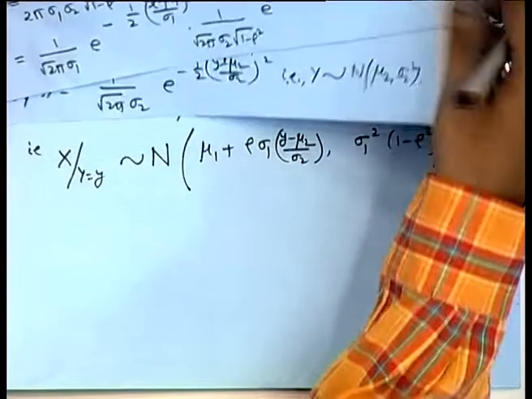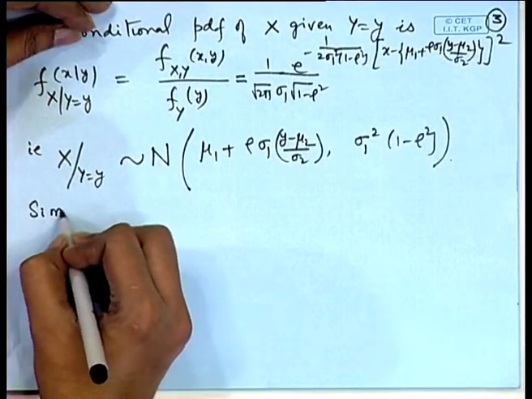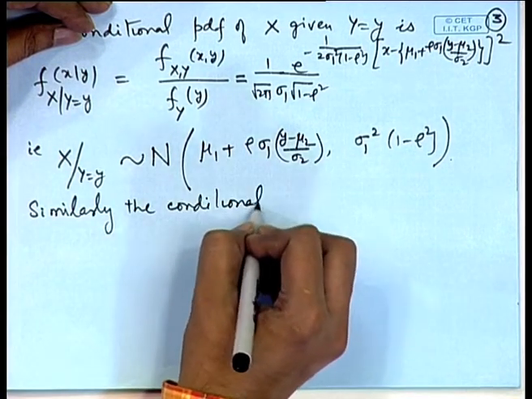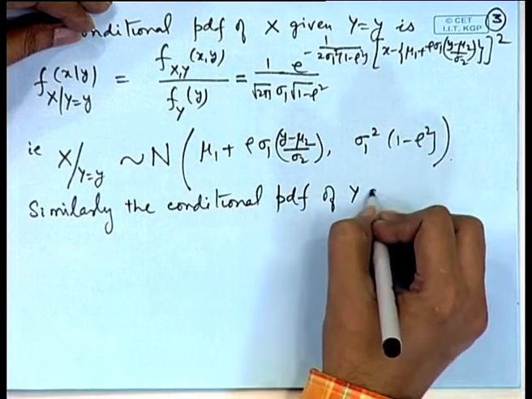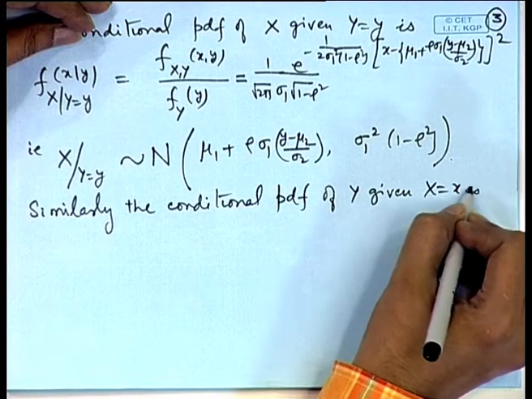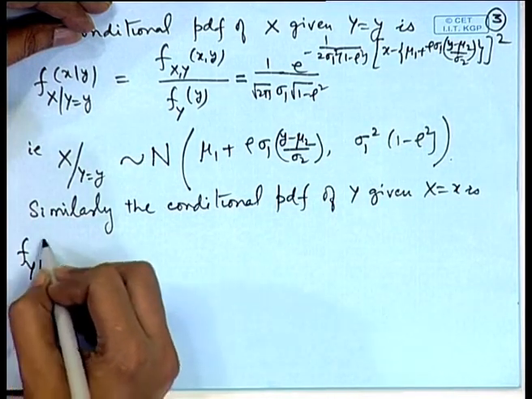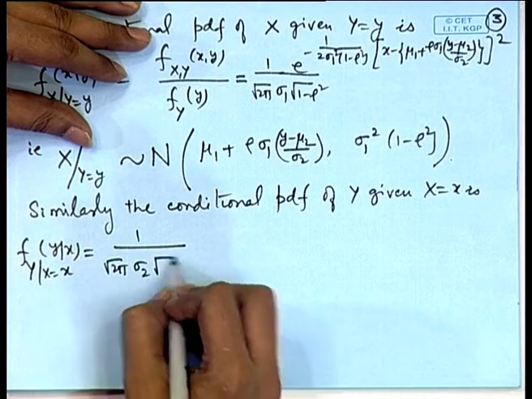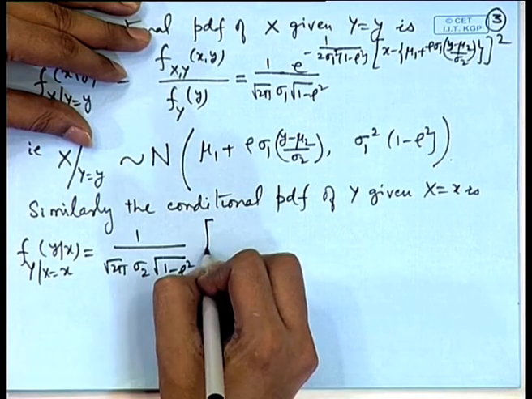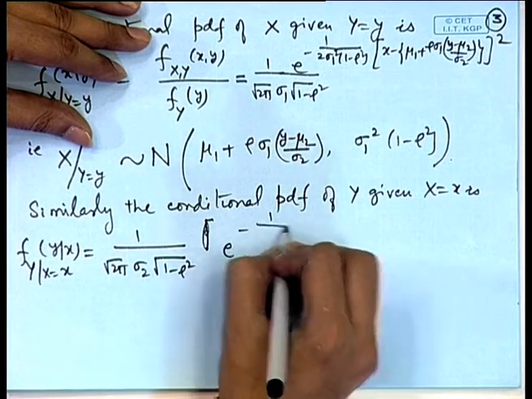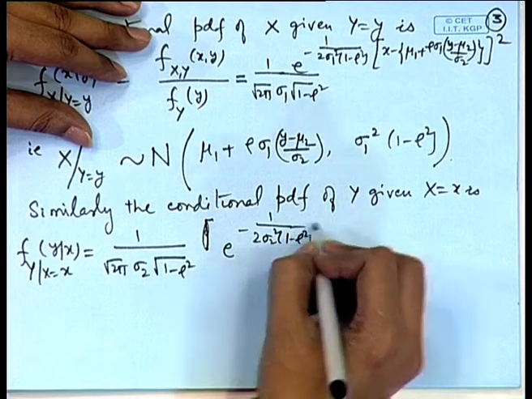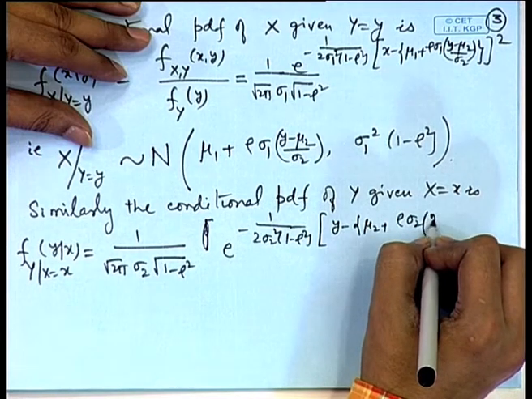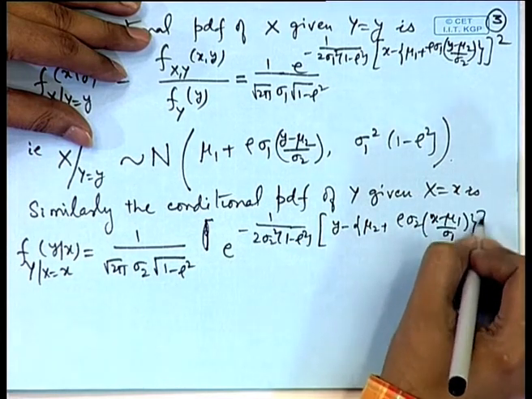So, this proves that similarly the conditional PDF of y given x is obtained as 1 by root 2 pi sigma 2 root 1 minus rho square e to the power minus 1 by 2 sigma 2 square (1 minus rho square) (y minus mu 2 plus rho sigma 2 (x minus mu 1) by sigma 1) whole square.